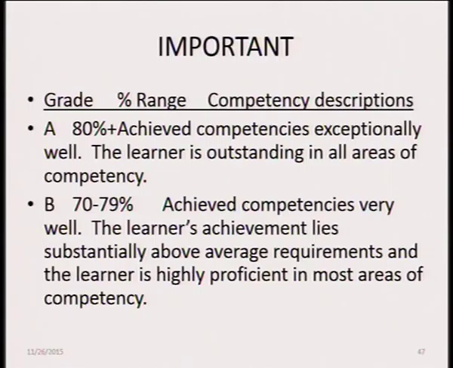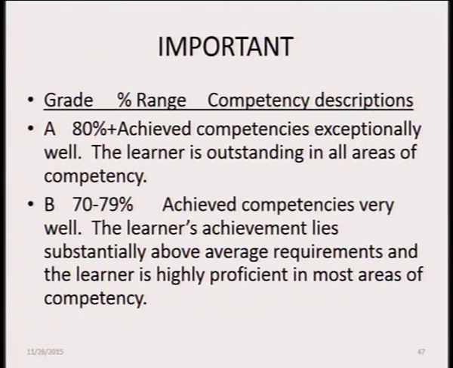Now you will see at the end of this Unit 8, the competency descriptions are discussed. In other words, when you assess your learner and you give him or her an A, that means the learner achieved 80% plus, and he or she achieved competencies exceptionally well.